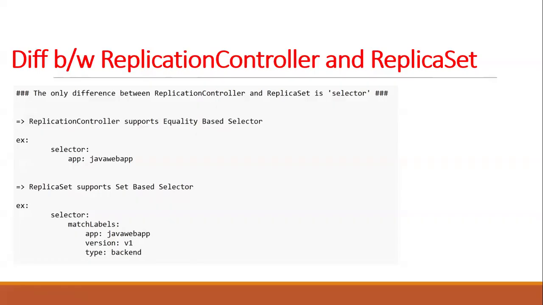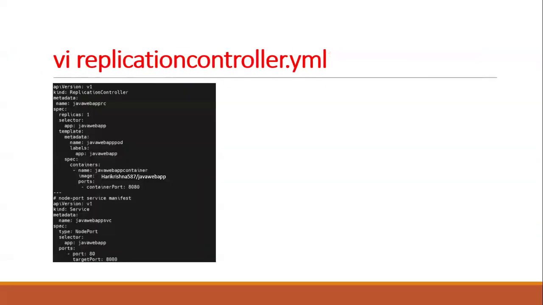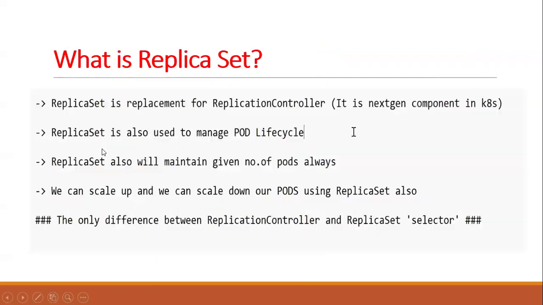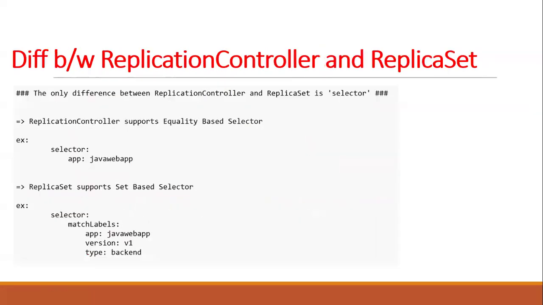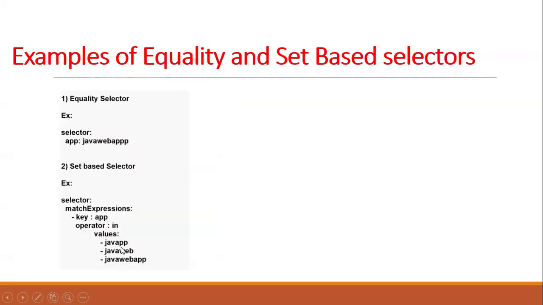So what is a label? A label is label equals Java app. Here matchLabels is equal to Java app, and we provide the version and type equal to backend. These are examples of an equality selector and a set based selector.